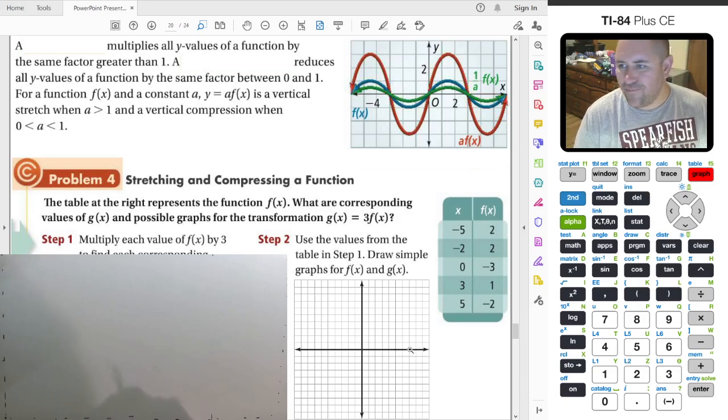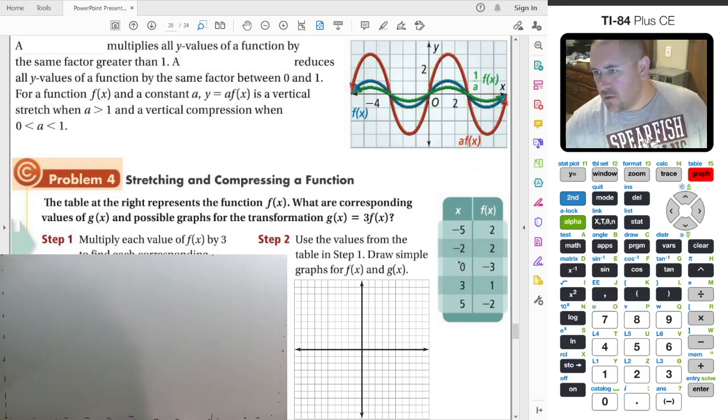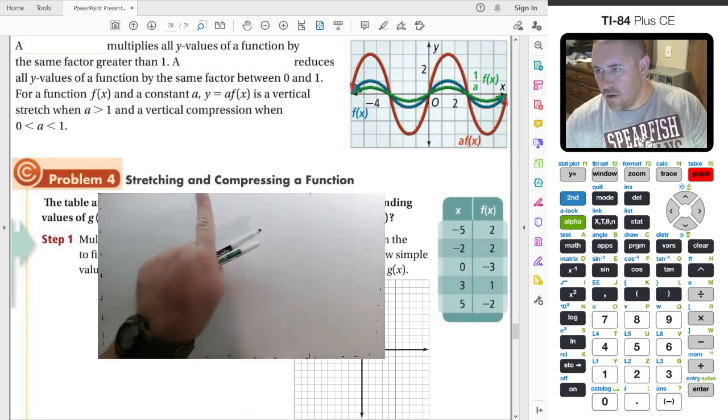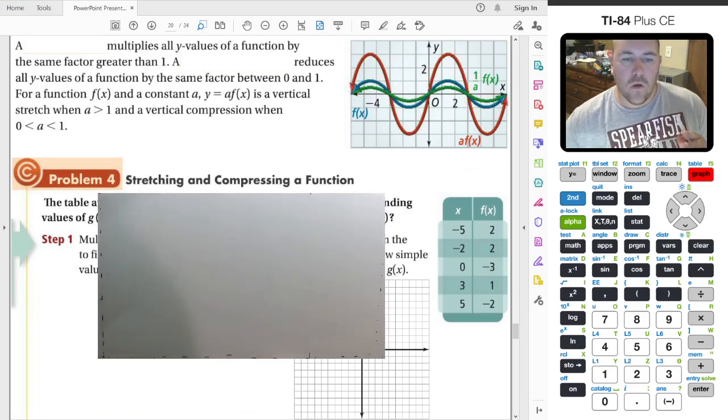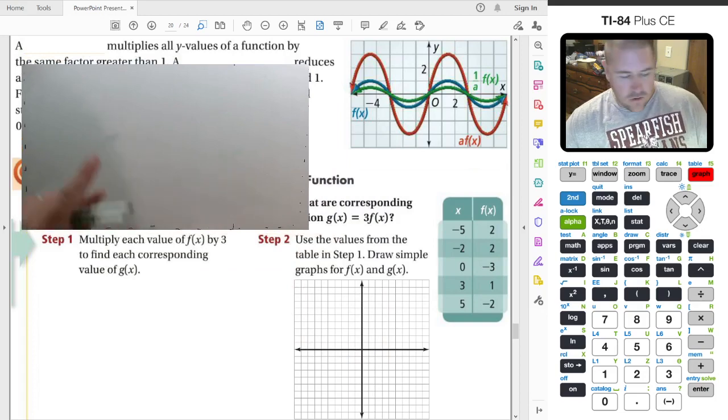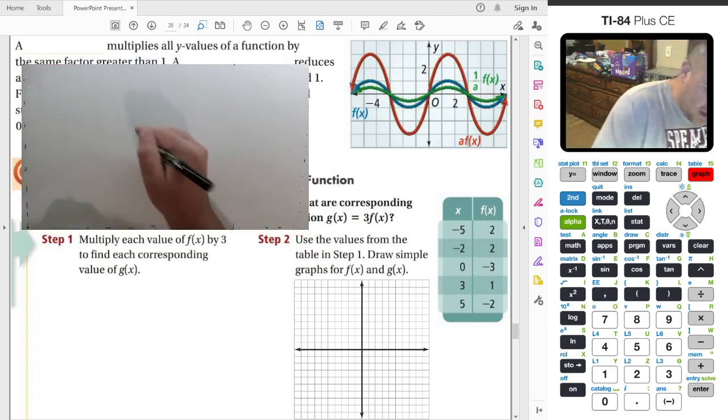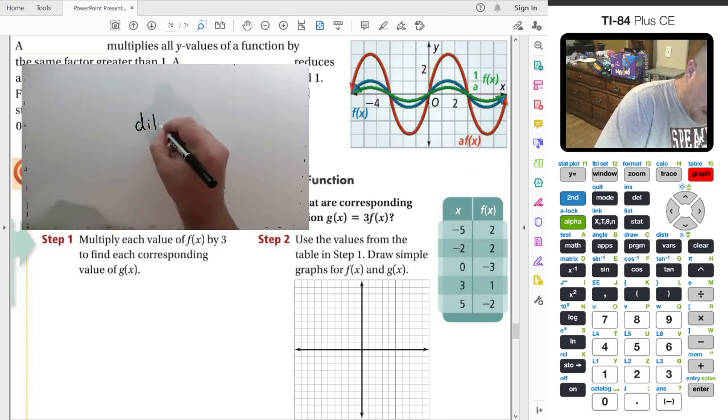these, you notice right here it says stretch and compress. Those are specific to stretching and compressing. Up here in this blank spot, we're going to write a dilation.